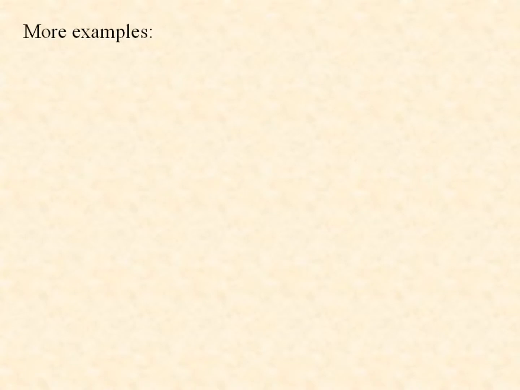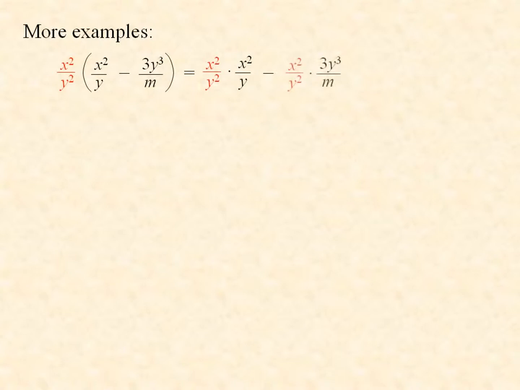Here are some more examples. x squared over y squared times parentheses x squared over y minus 3y third over m. That's equal to x squared over y squared times x squared over y minus x squared over y squared times 3y third over m.